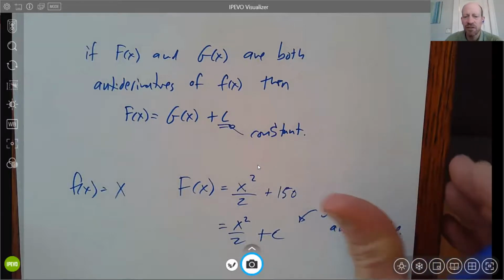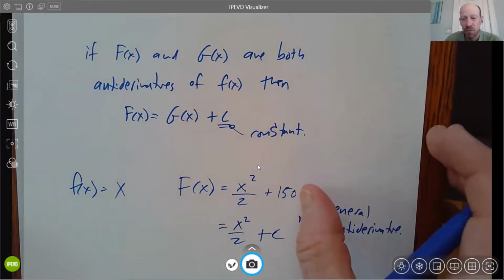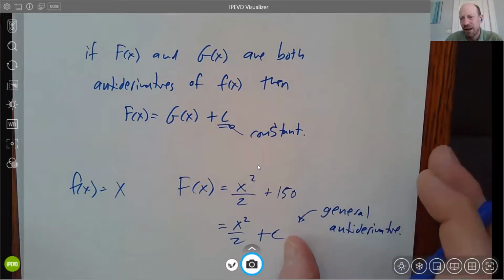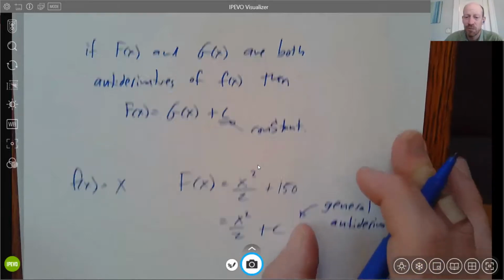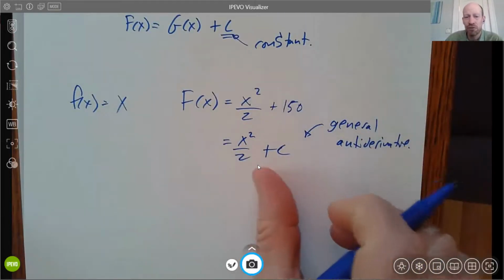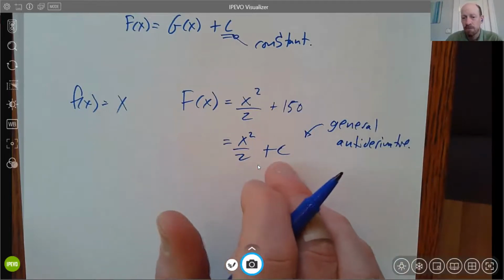If I don't write the c, then I'm saying the function is actually x squared over 2 plus 150, but I don't actually know that. It could be any constant. So I want to keep that constant free to move or change or adjust. So it is considered proper to write out your antiderivative as x squared over 2 plus c.